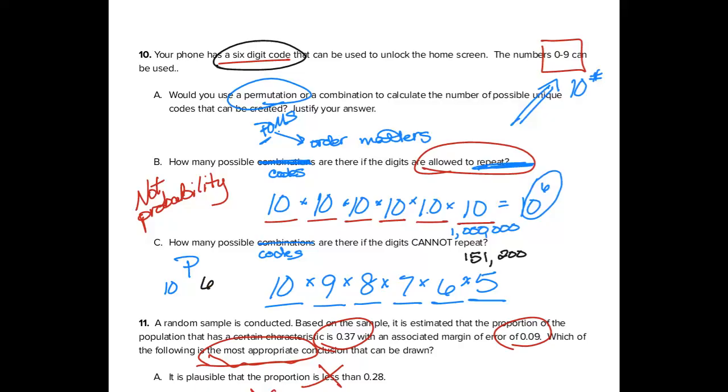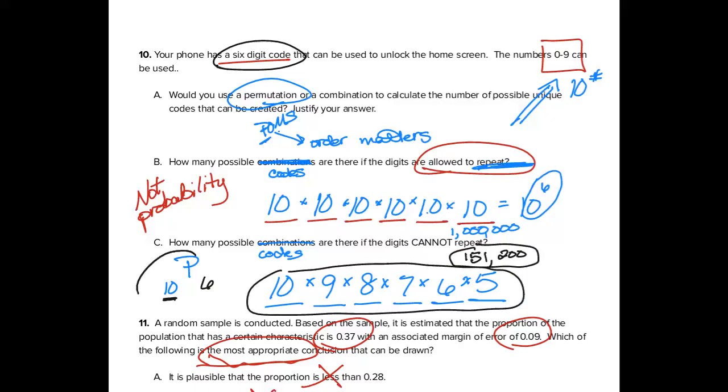Yes, there are 6 spaces. So we start with 10 and there are 6 spaces. Sorry. Yes, 151,200. Okay. So those are the same. Nice job. Okay. Any questions about 10?